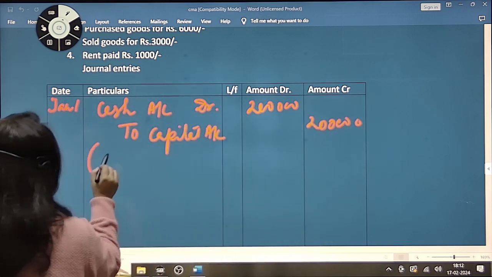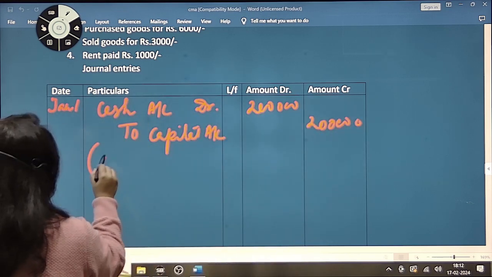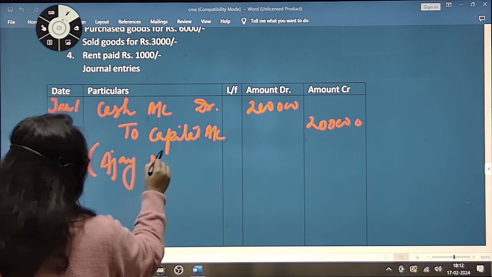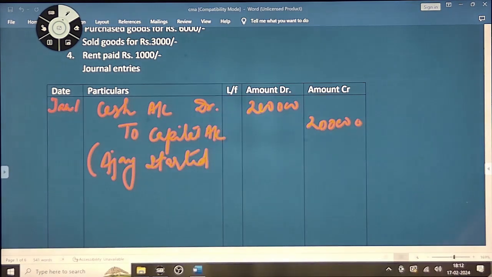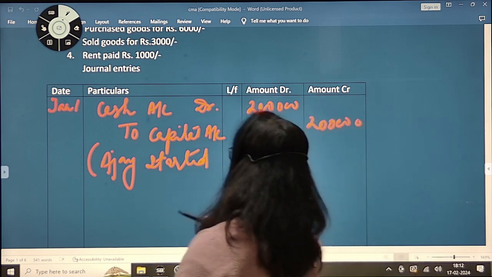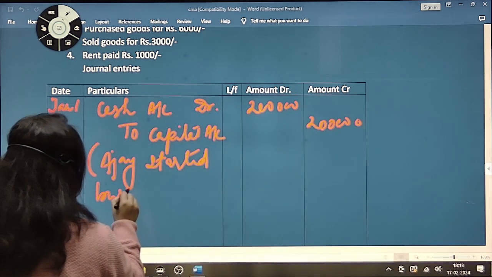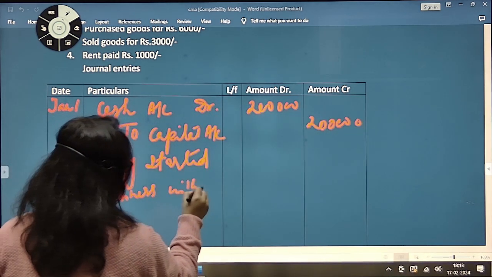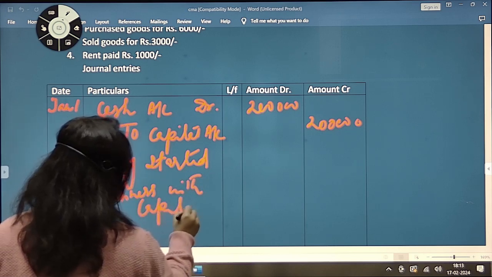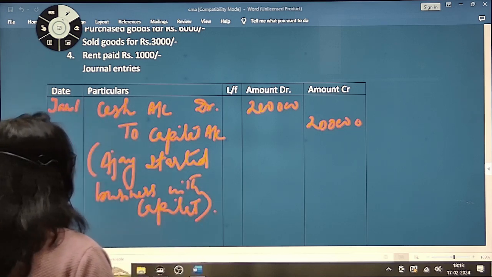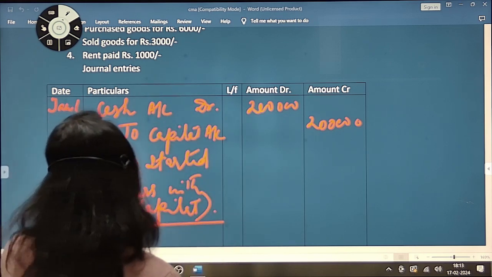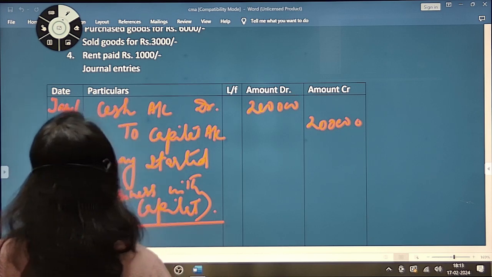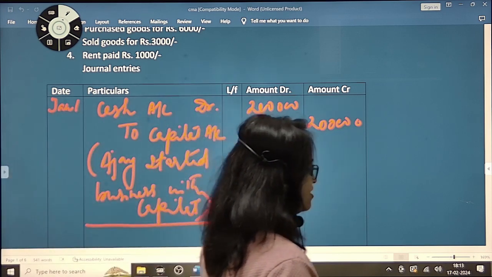Here the narration will be Ajay started business with capital. So this is the first journal entry. I think everyone has written.